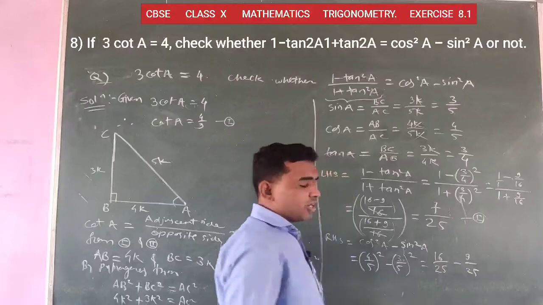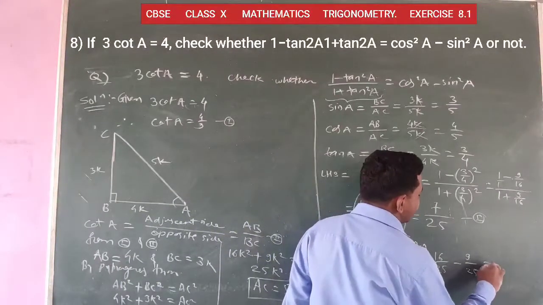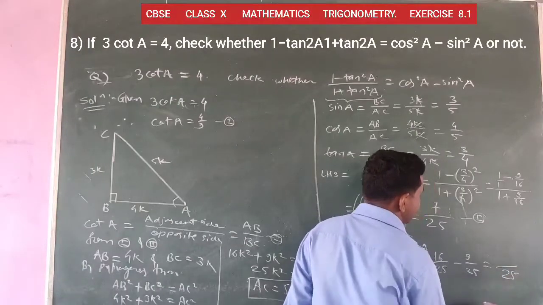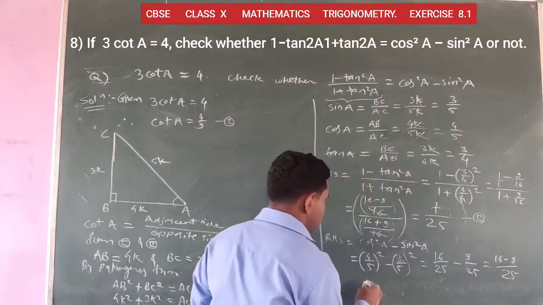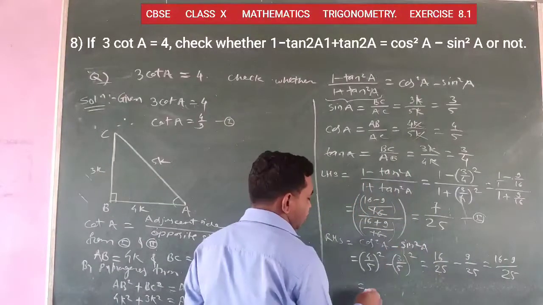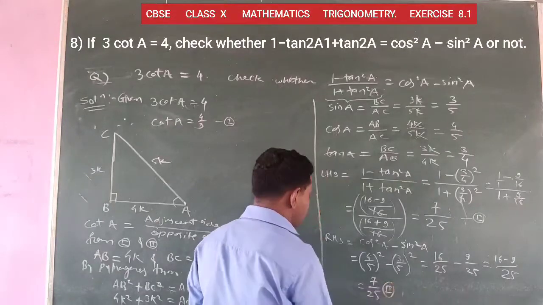Both are fractions with subtraction, and both fractions have the same denominator, that means 25 as it is, and in the numerator 16 minus 9. So here 16 minus 9 means 7 upon 25. This is the equation number second.